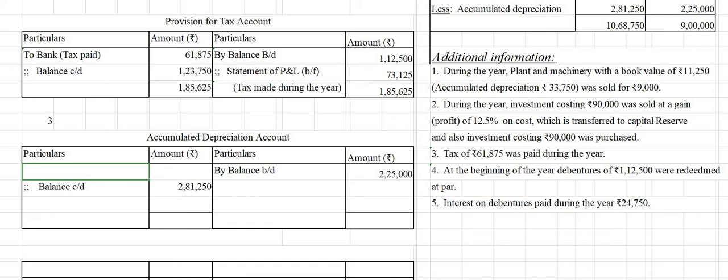That's what we are going to do here also. So the amount of depreciation for the machinery sold will be transferred to the machinery account. Okay, then after that let us balance the account.